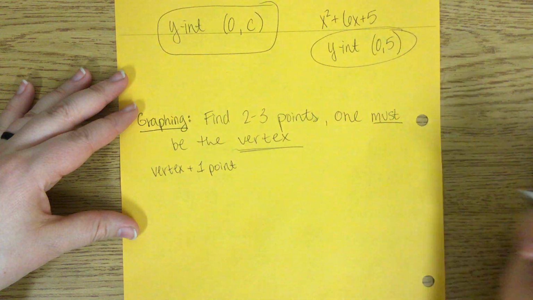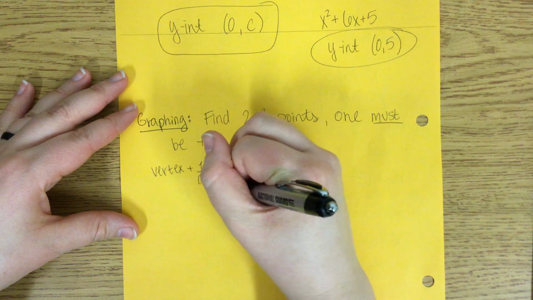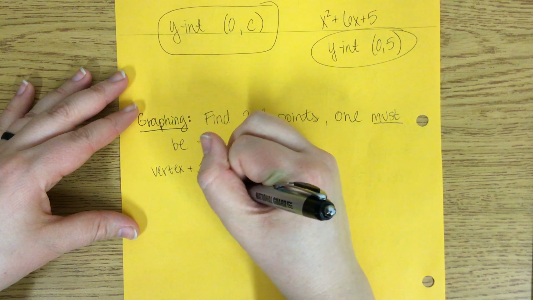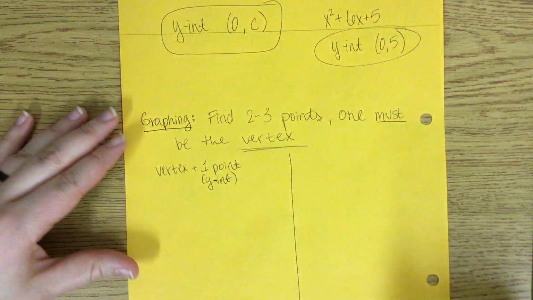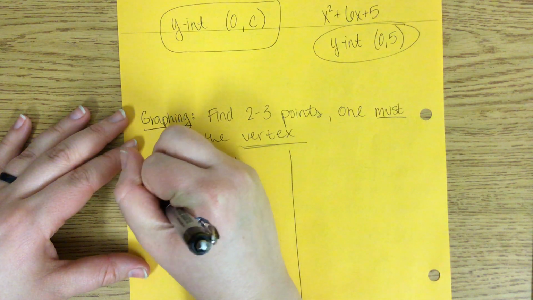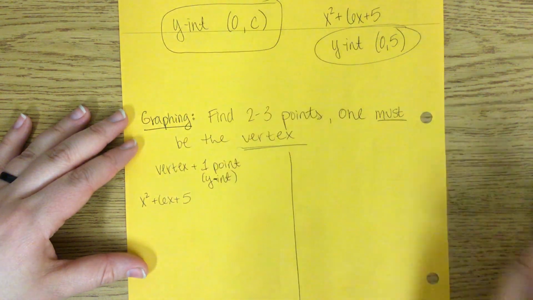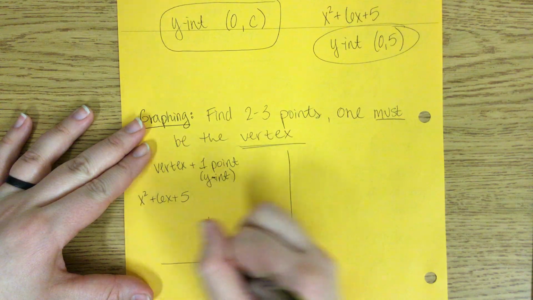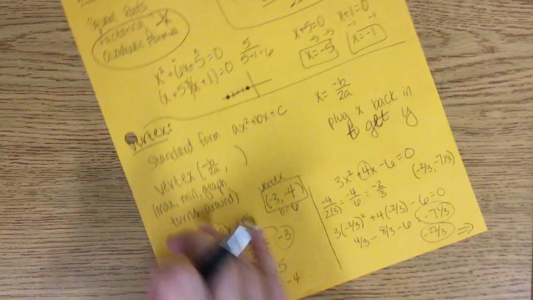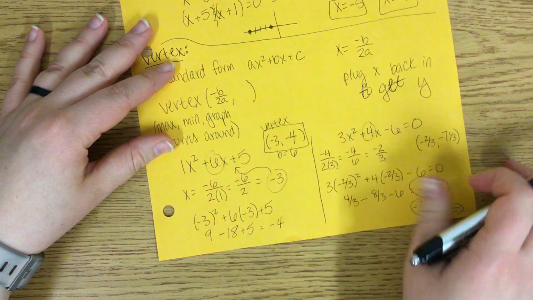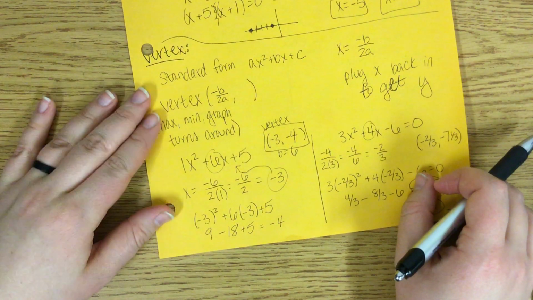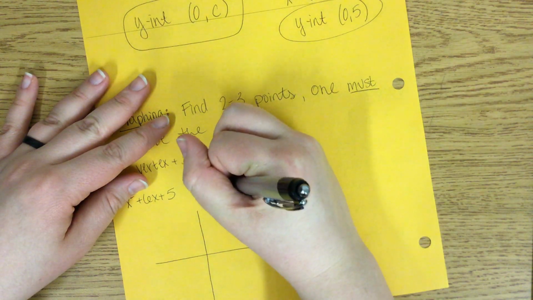And typically that 1 point can be the y-intercept. Again, I'm going to bring out that x squared plus 6x plus 5. We already found the vertex for this on the other side. It was -3, -4, so we did that work already.